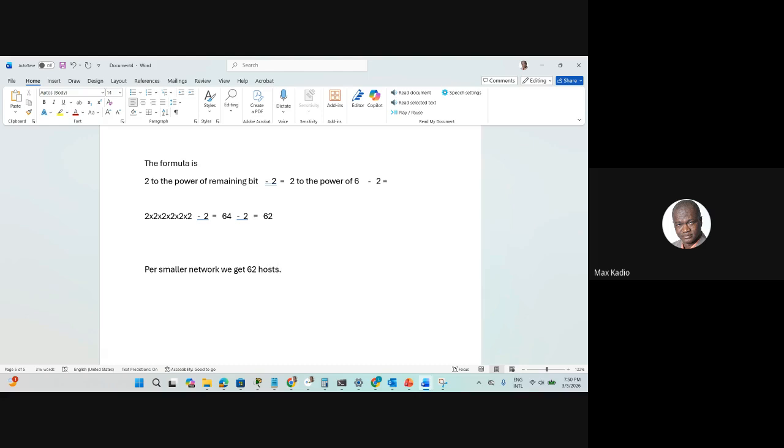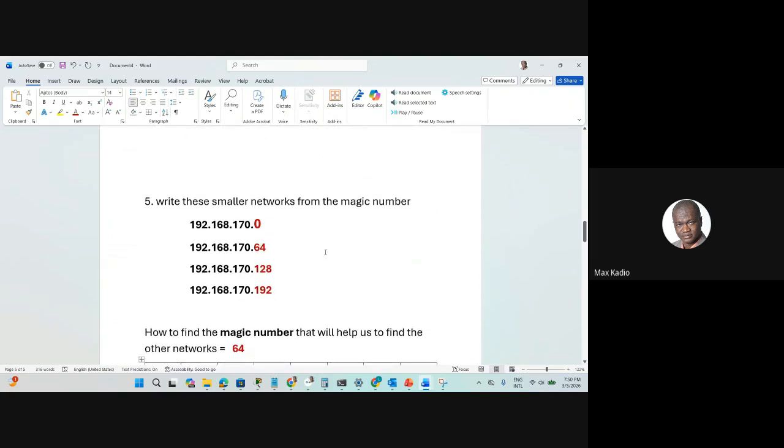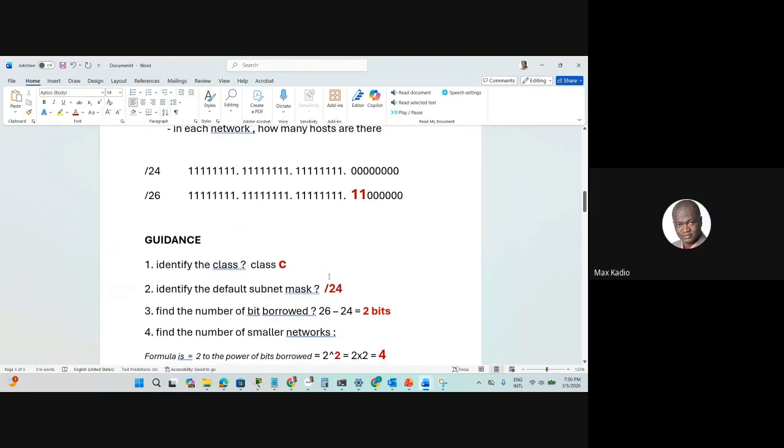What does it mean? If you have your default subnet mask, it means I have only one big office. As soon as you start borrowing extra, instead of /24, you have /25, 26, 27, 28.